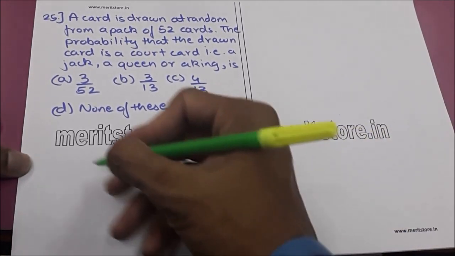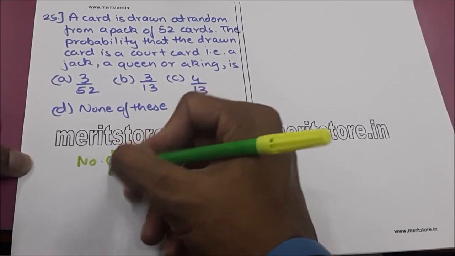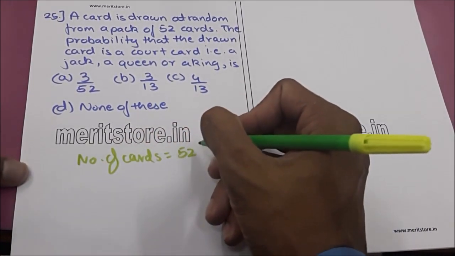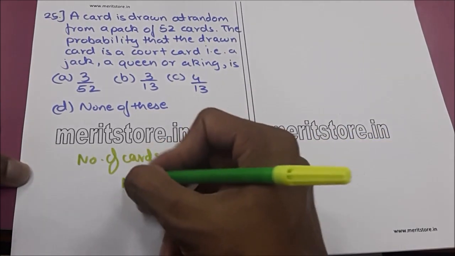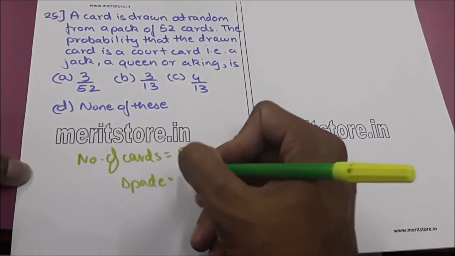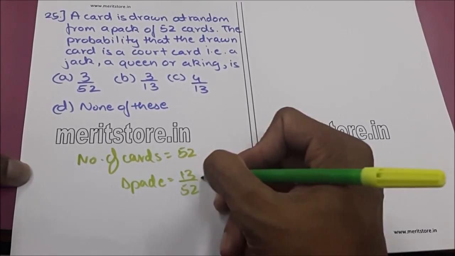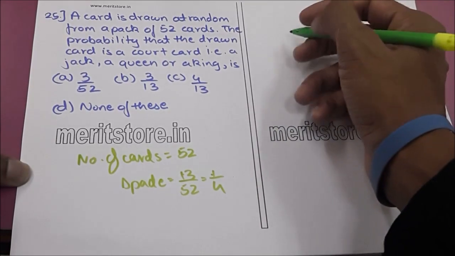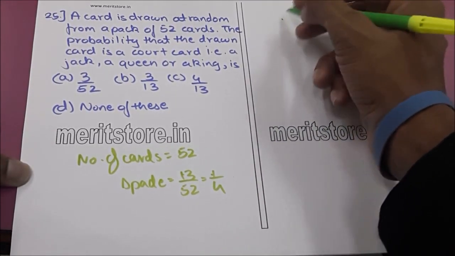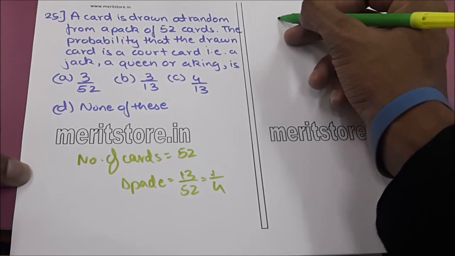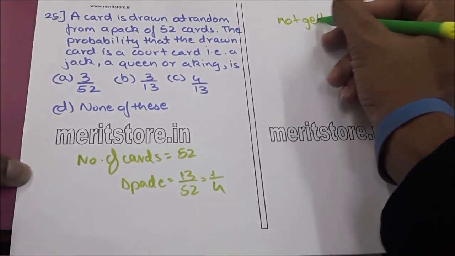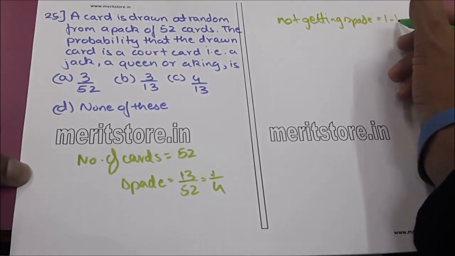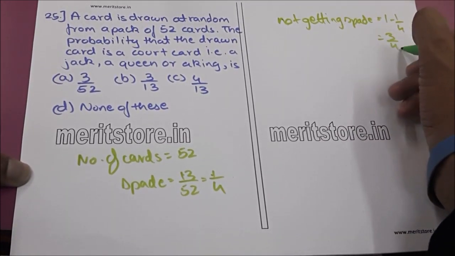Total number of cards which we have in a pack of cards is 52. Chances of getting spade is equal to 13 by 52, which is equal to 1 by 4, and chances of not getting spade is equal to 1 minus 1 by 4, that is 3 by 4.